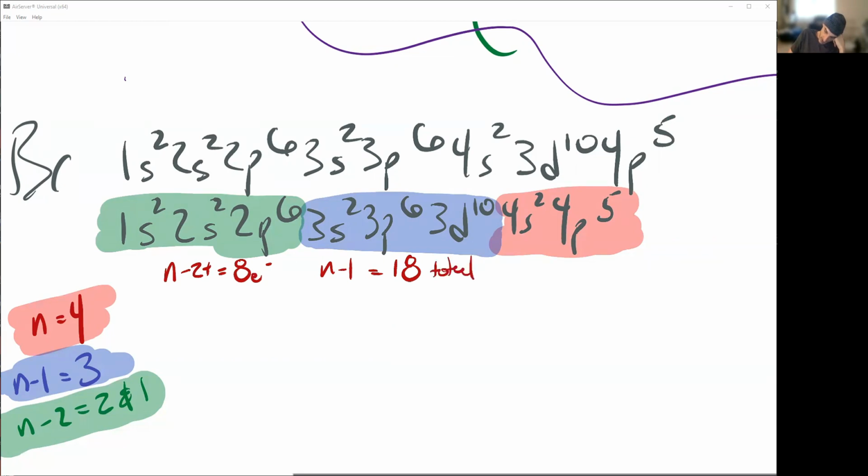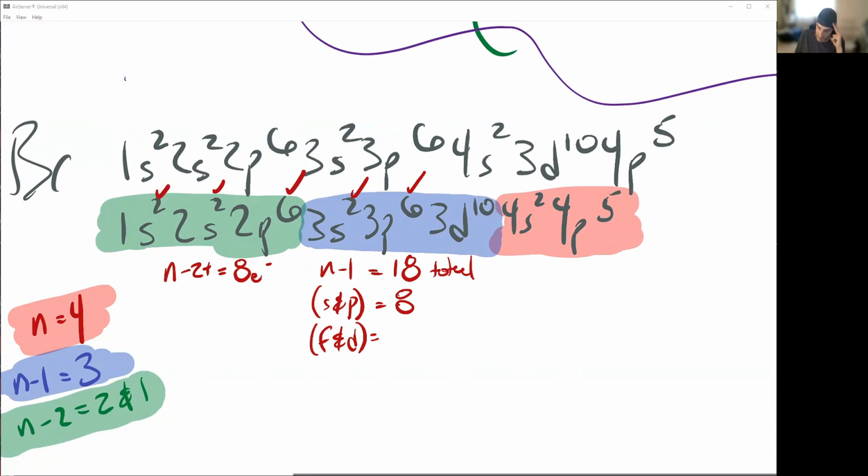But I actually have n minus 1 s and p electrons, which is 8 of them, right? So I'll check all of these off that I've taken care of. So I've taken care of this and this. Those are my s and p n minus 1 electrons. Those are my n minus 2 plus electrons.